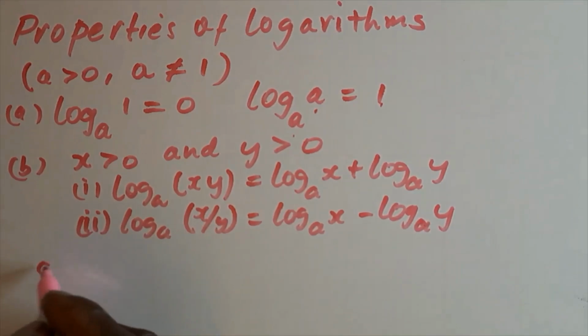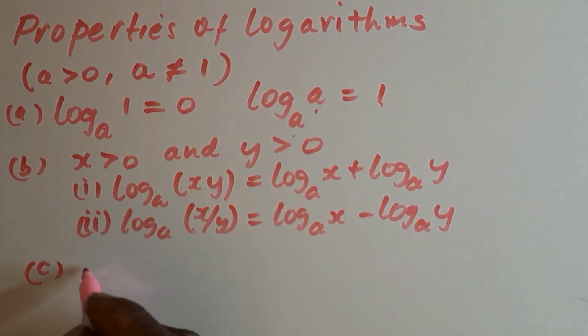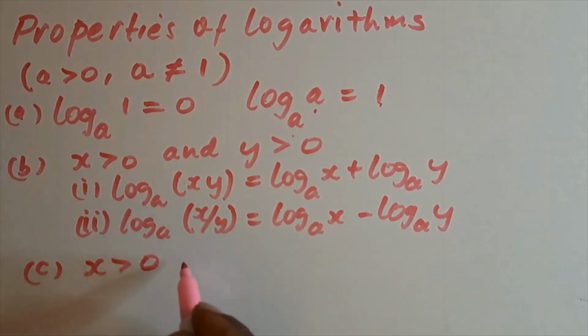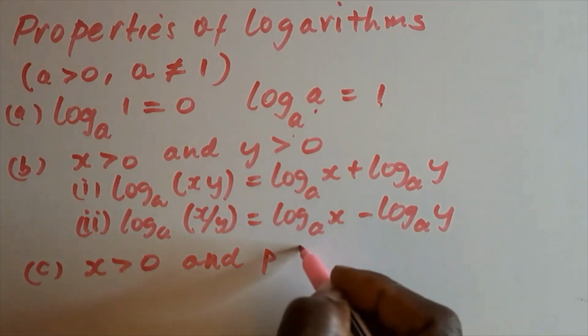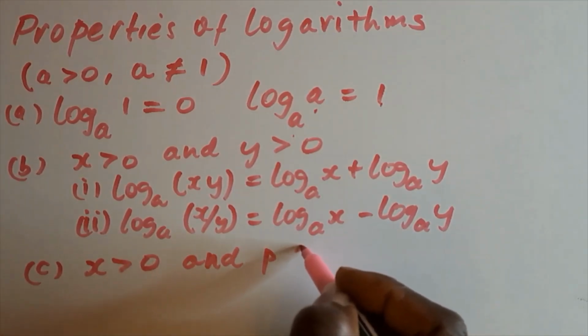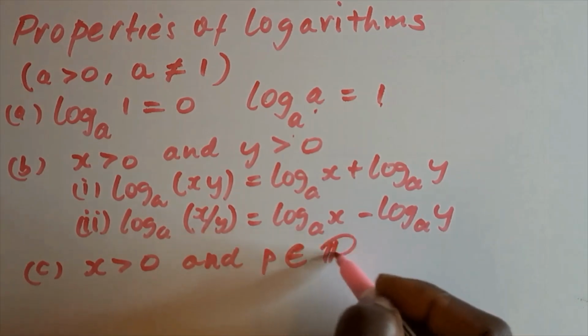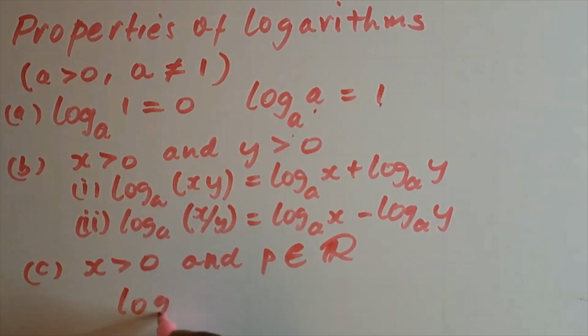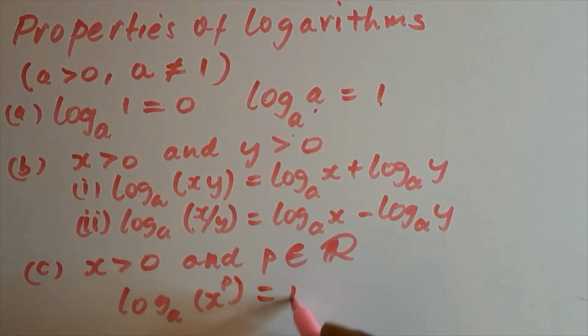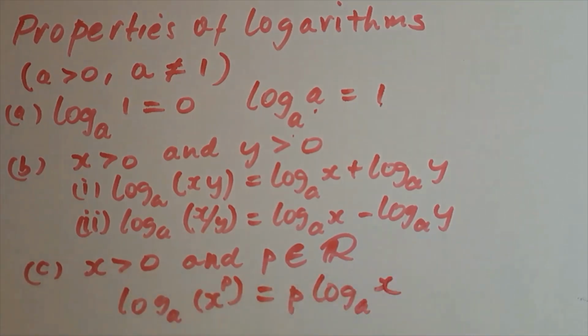And lastly, for x greater than 0 and the index p belonging to the set of real numbers, we have that log to the base a of x to the power p can be written as p log to the base a of x. Again, you're familiar with this one too.